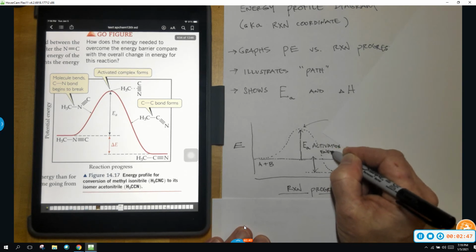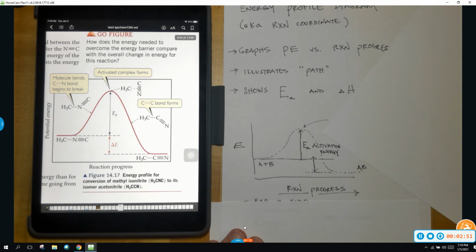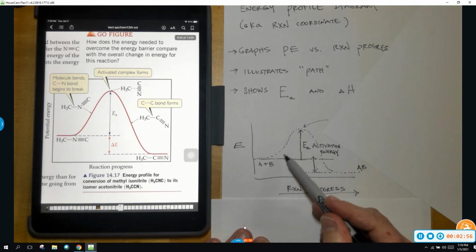And of course, the less activation energy something takes, the faster the reaction is going to be, the more speed it's going to have. And so the lower the little activation energy hill here, the faster the reaction is going to take place.